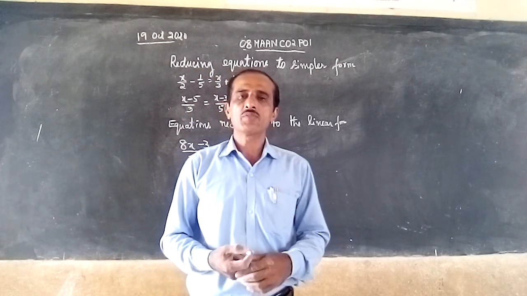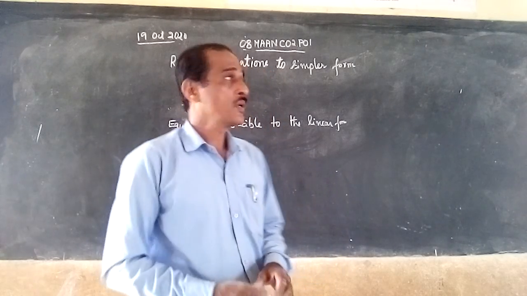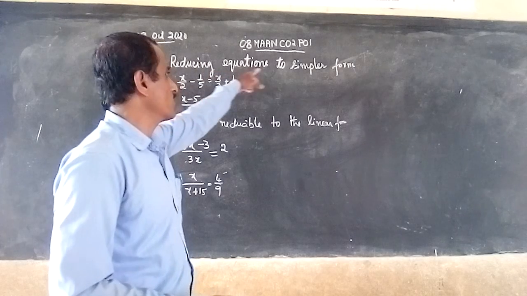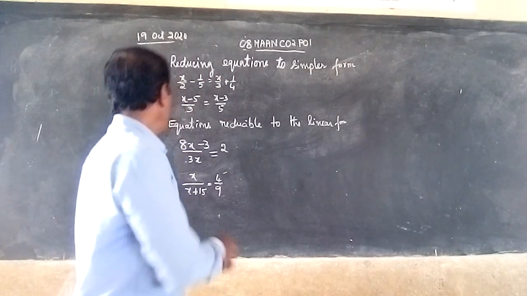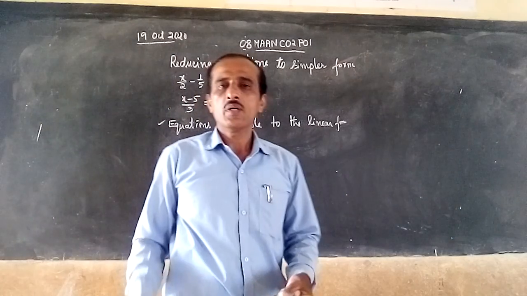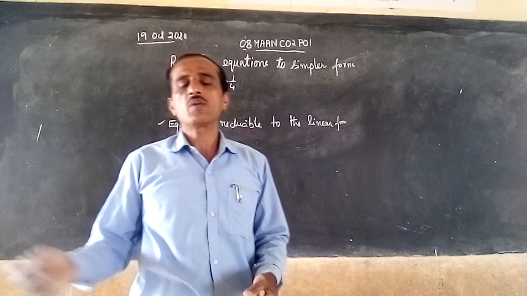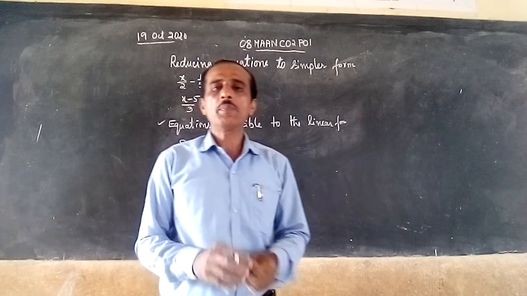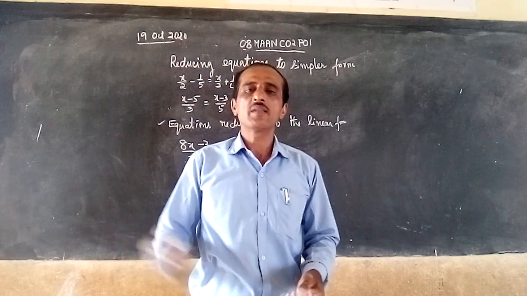That's what we have seen in the previous videos. Today we will learn about reducing equations to the simpler form, and equations reducible to linear form. Afterwards, we will study some verbal or application type questions in the next video.